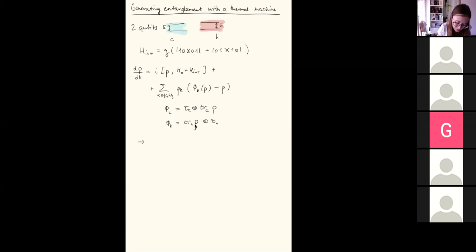So I will not go into the details, but in the exercise, you will be given a steady state already, and you will need to show that it is indeed a steady state of this equation. And then, given that steady state, you will need to quantify the entanglement.